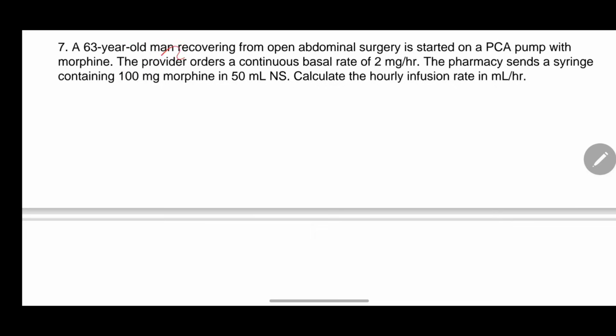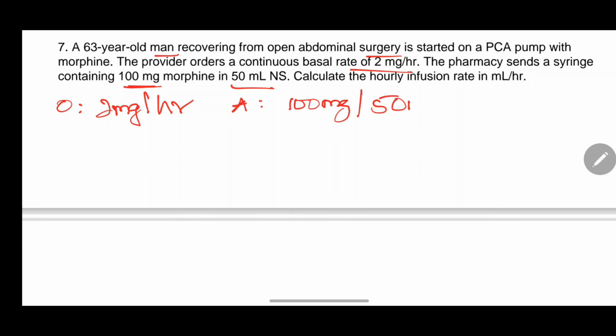A 63-year-old man recovering from open abdominal surgery is started on a PCA pump with morphine. The provider orders a continuous basal rate of 2 milligram per hour. So order is 2 milligram per hour. Pharmacy sends a syringe containing 100 milligram in 50 ml NS. So availability is 100 mg per 50 ml NS.